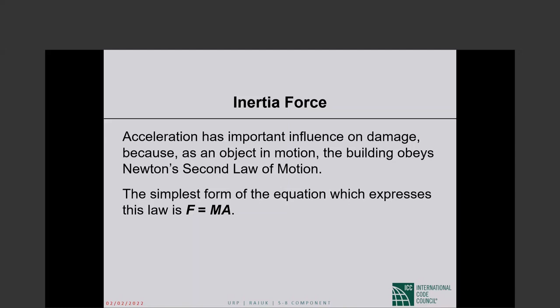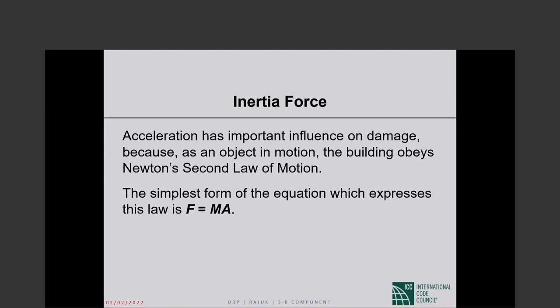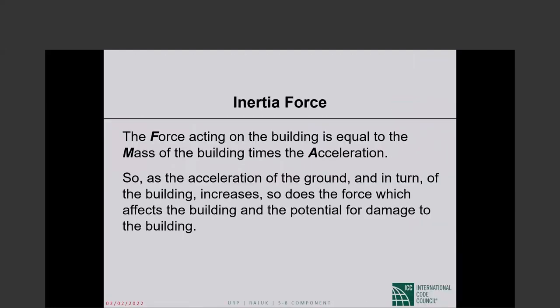The simplest form of the equation which expresses this law is force equal to mass times acceleration. So acceleration has important influence on damage because force is equal to mass times acceleration. Where there is acceleration, you are inducing force.